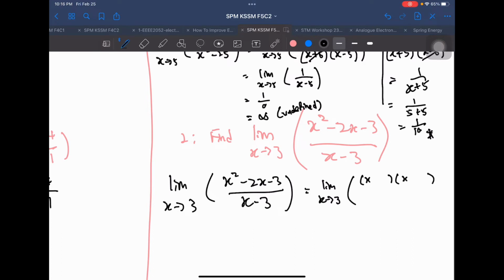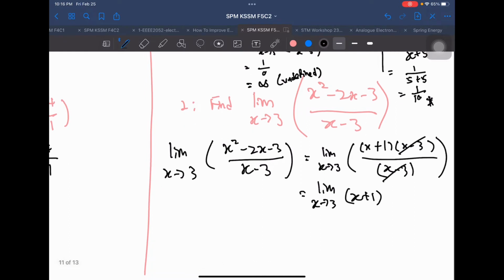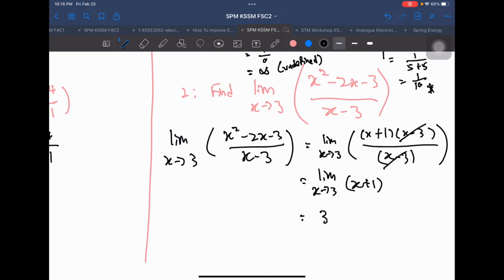So one is plus, one is minus. Which one is larger? Negative 2, so negative 1 is larger. So negative 3 plus 1. Like usual, cancel out. So you get this. Substitution, sub it in. We are done. Okay, easy, right?